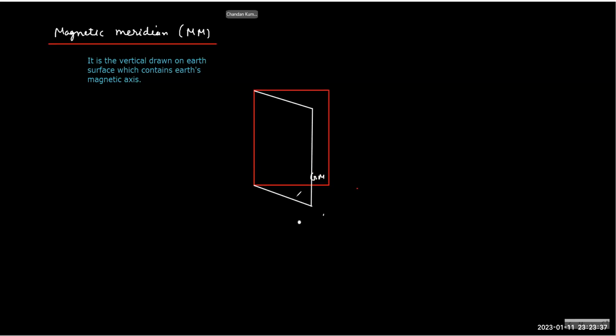So if one represents GM, then the other represents MM. And you will always see some angle between the two. This angle, theta, is called the angle of declination.